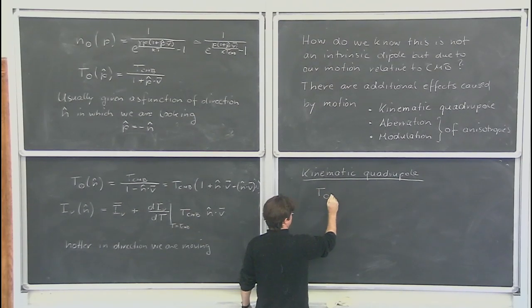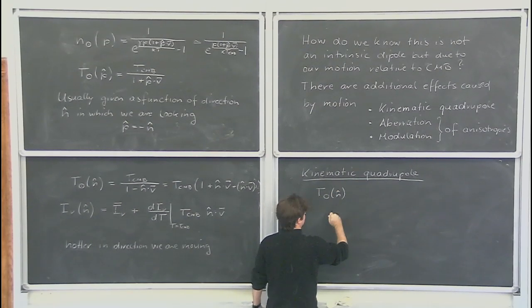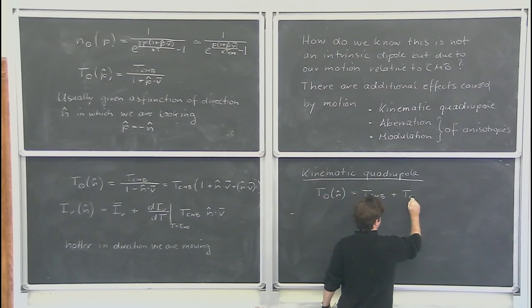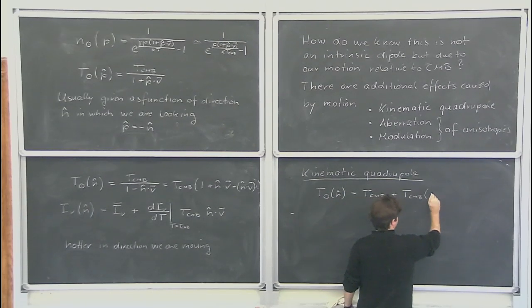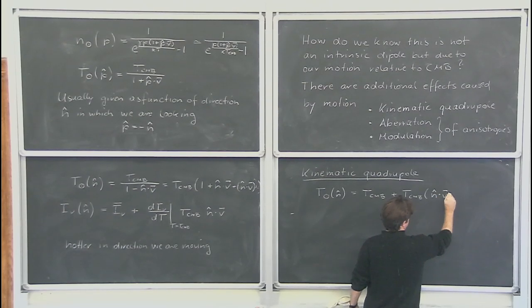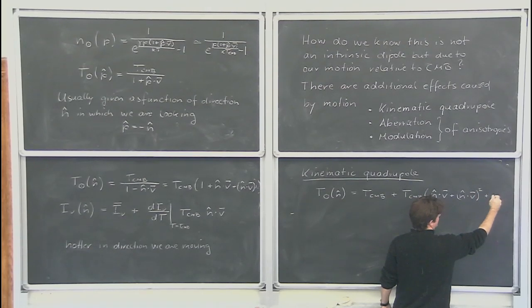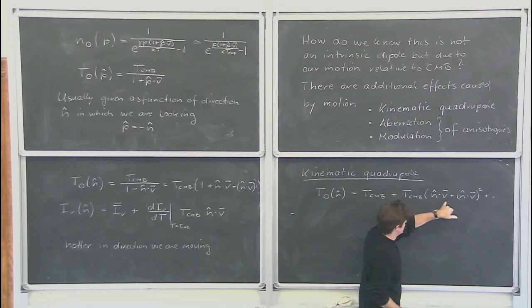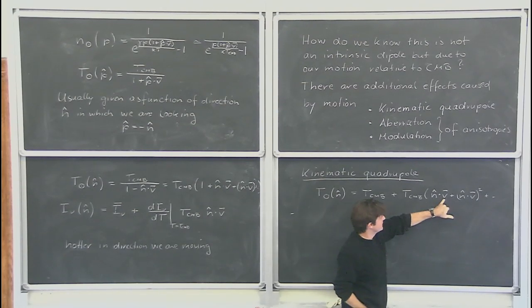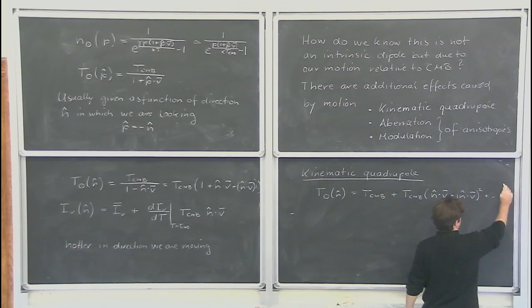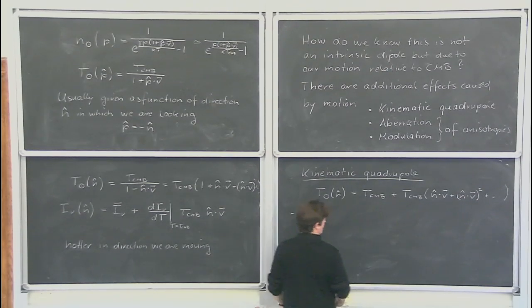So we know that the temperature in the solar system, or in the system of the satellite, in direction n hat, is the CMB temperature plus T_CMB times n hat dot v plus n hat dot v squared. So let's keep this term. In principle, there are higher order effects as well, but you see that this one from the measurement is about 10 to the minus 3, so this is a 10 to the minus 6 effect, and so on. So it gets harder and harder to see them. So let's end it at the quadrupole for now.